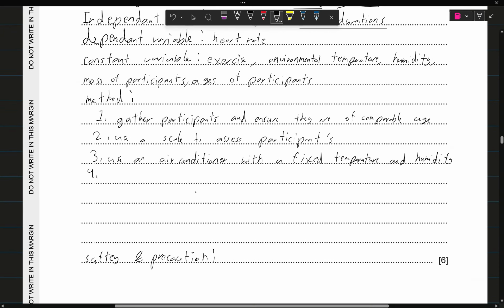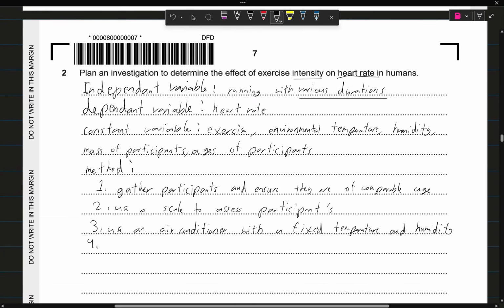Okay, now besides that, we also want to control the speed of the participants on the treadmill. Since we are doing running on a treadmill, a constant variable that we can add here is the speed on the treadmill. You can already tell that this question has an insane number of different approaches you can take.